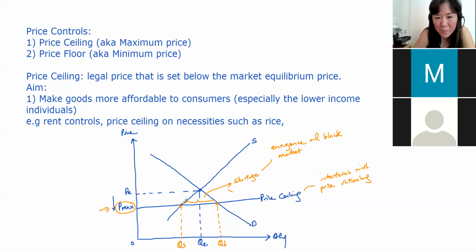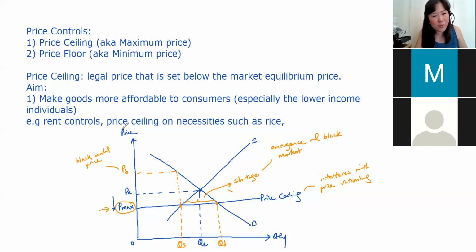They could possibly charge a price based on the corresponding demand curve, which gives rise to PB, the black market price. Of course, it's illegal. Sometimes we call it the underground market; it's the same thing.